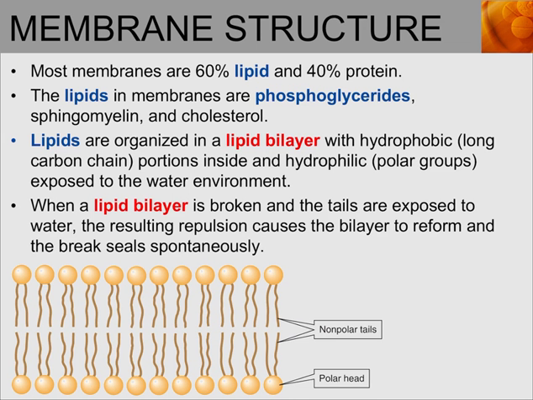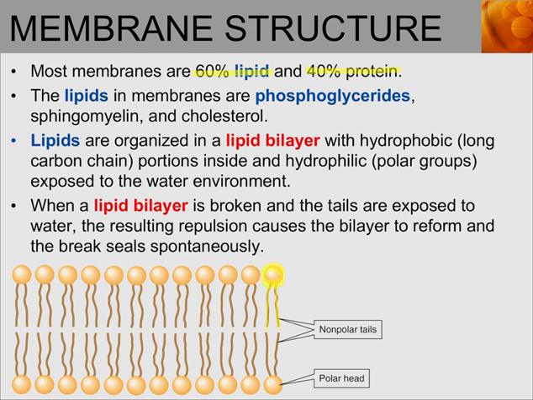Most membranes are composed of 60% lipid and 40% protein. And we'll talk more about proteins in a later chapter. The lipids in these cell membranes are actually phosphoglycerides. We kind of skipped phosphoglycerides here, but the main idea is that we've got a polar end and then a non-polar end.